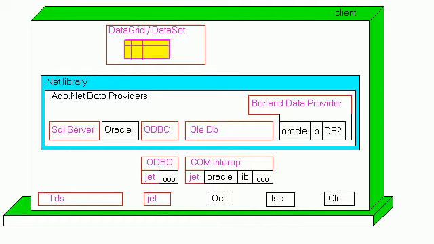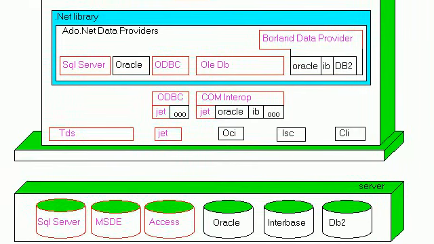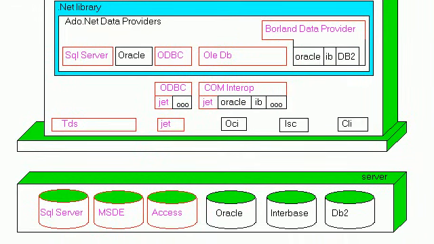So for SQL Server, we have SQL command, SQL data adapter, SQL connection, and for ODBC the same. We have ODBC command, ODBC connection, and so forth. For MySQL, we have MySQL command and MySQL connection, and so forth. The main goal here is just to reach the database.